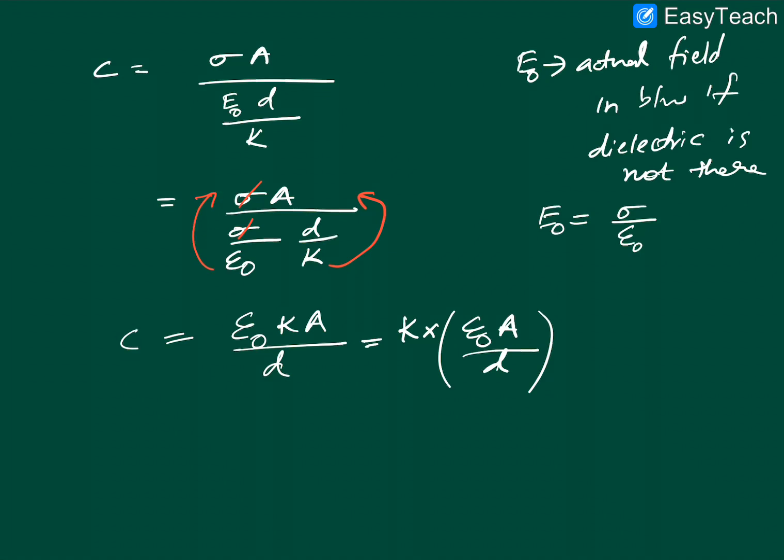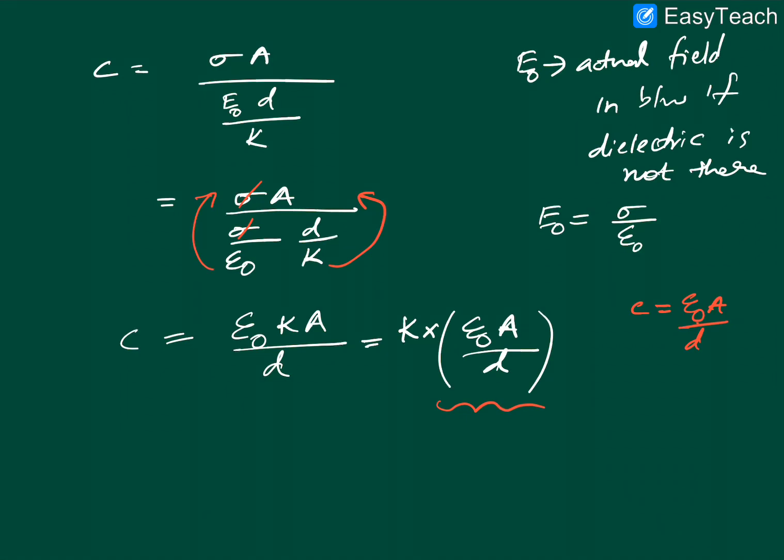Now if you check this one, when there is air in between the plates, you got the capacitance as epsilon 0 A by D for a parallel plate capacitor, isn't it?